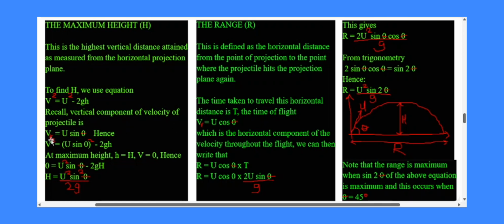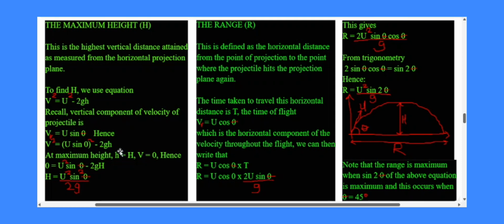So that is why here we wrote that v subscript v, which is the vertical component of the velocity, will be u sin theta. If we now put this u sin theta into the equation above, we will have v squared is equals to u sin theta squared minus 2gh.